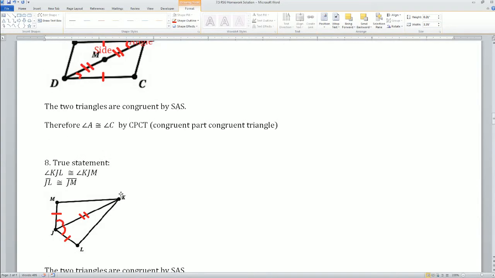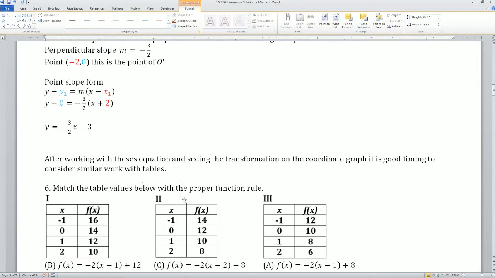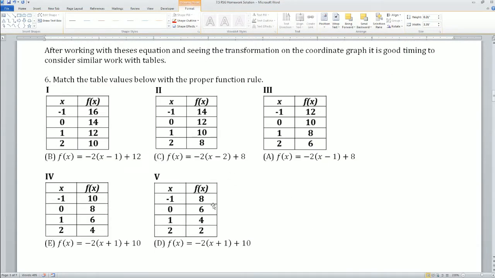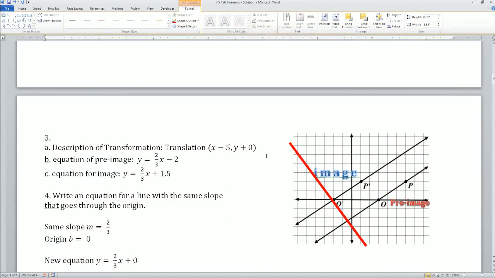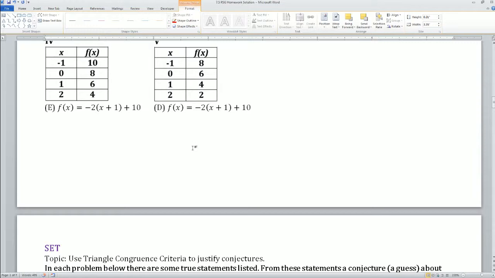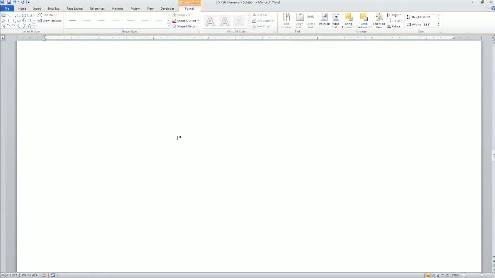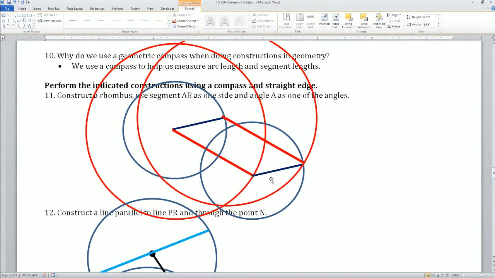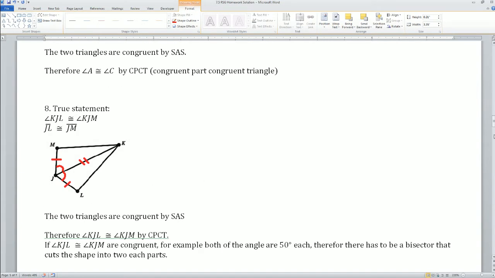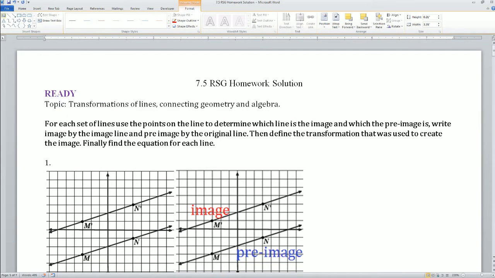The said part is the important part. The chart, not that important. But understand the translations of the transformations here are very important in terms of its construction. Construction of the geometric objects are also important in terms of seeing where the radius is. Okay, there you go. Those are all the solutions for your 7.5.